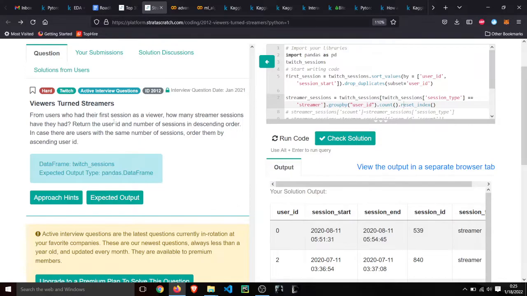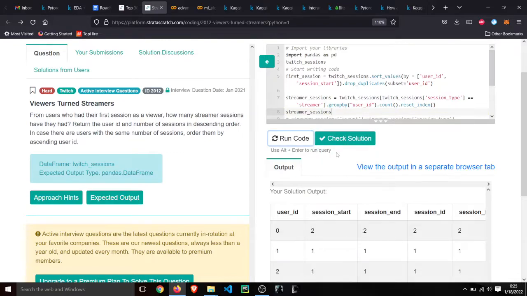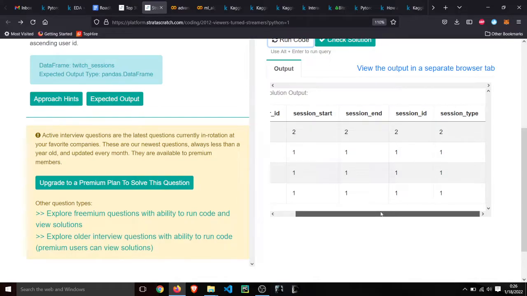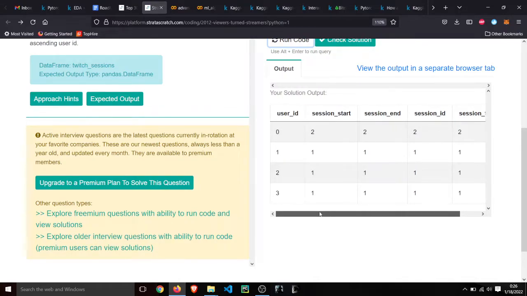So now from this data we need to first filter the sessions where the session type was streamer, then group by the user ID, and then count it, right? So let me show you how this looks. We can see we have the user ID, and then how many streams they have had of the type streamer.